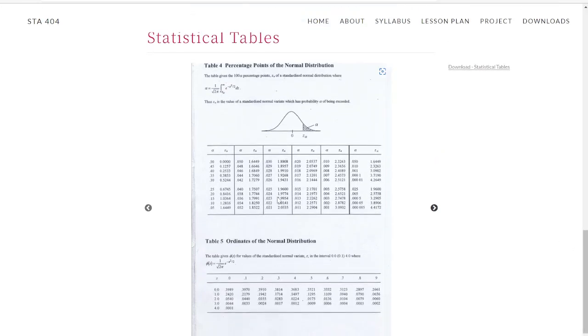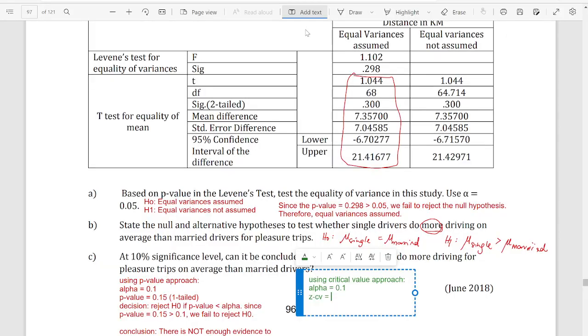Kita nakkan nilai Z alpha dia adalah 0.1. So look at 0.1. So you have 0.1 over here, and then the value for Z alpha will be 1.2816. Okay, 1.2816. So kat sini kita dapat 1.2816. Okay, so you get that value.